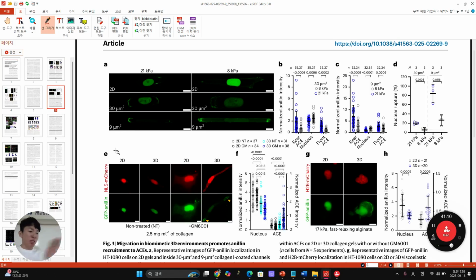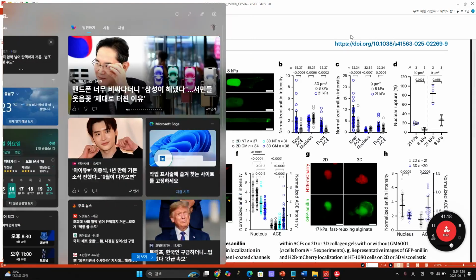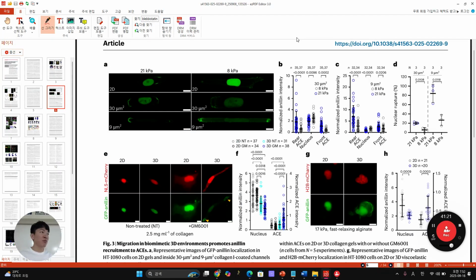So when this matrix is very stiff, you need more power to pull and push. So definitely from that rationale, they hypothesize higher stiffness needs more power.